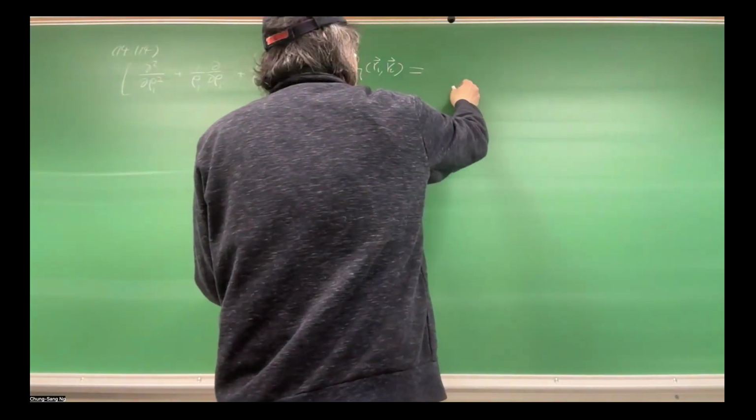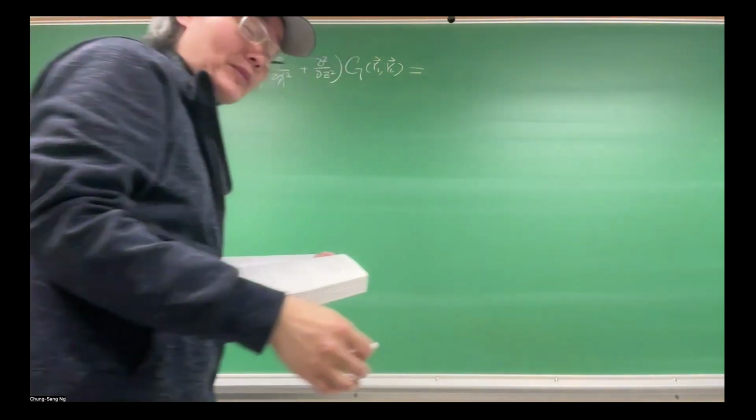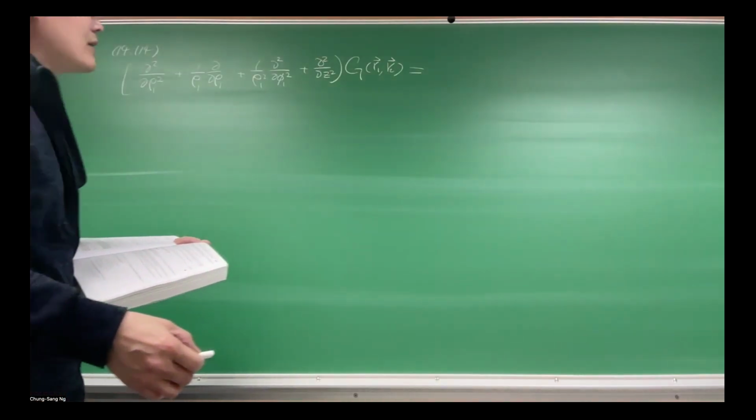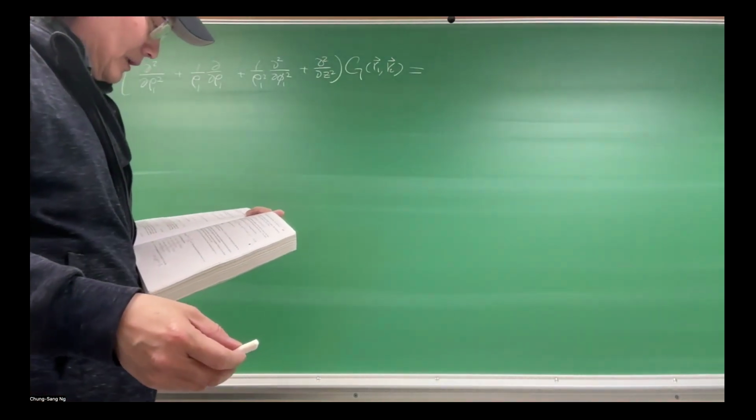The right-hand side is the three-dimensional delta function, delta of r sub 1 minus r sub 2.